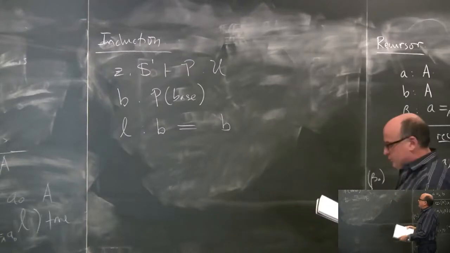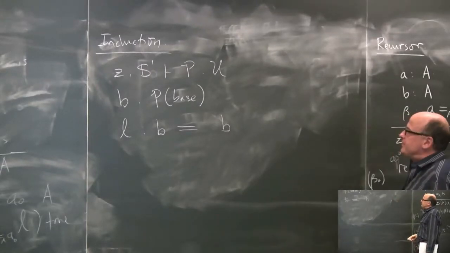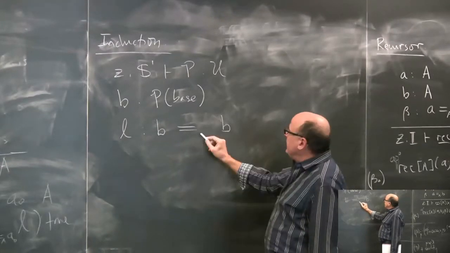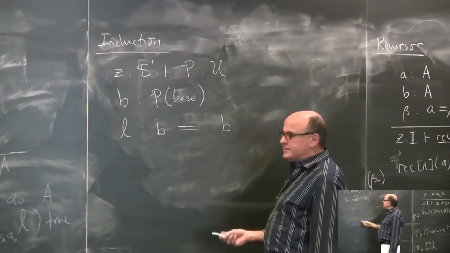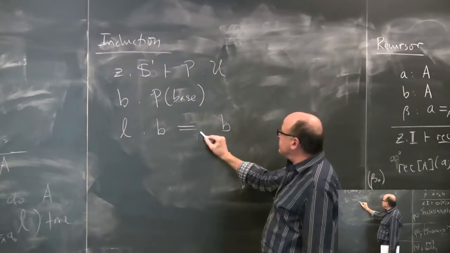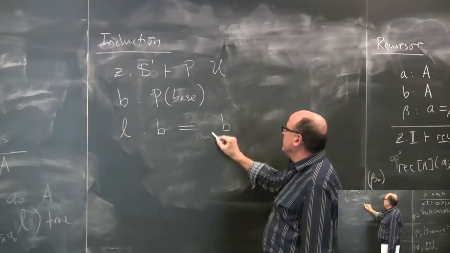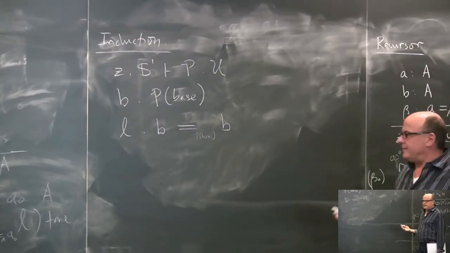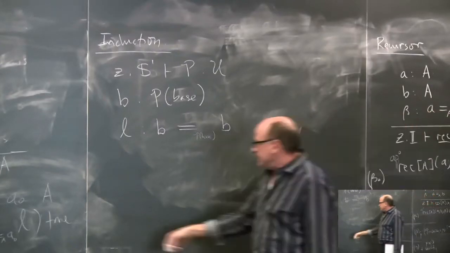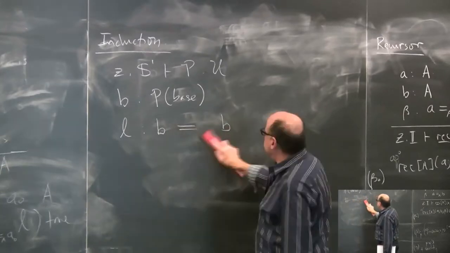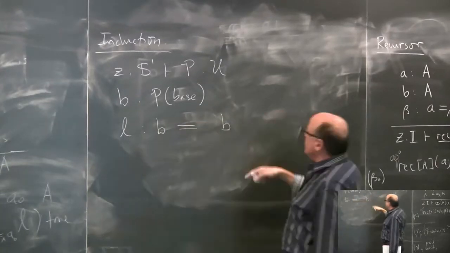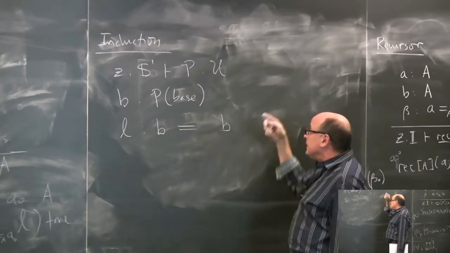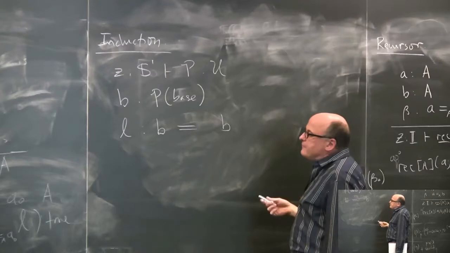But that's a little tricky. We have to be careful about what B is equal to B means. This does not mean, and that's what's important, strictly on the basis of type checking, I could write P of base here. That would type check, but it's not the right thing. It's not the right thing because I don't want to allow you to have an equation between B and B, a path between B and B, so to say, in the same fiber.